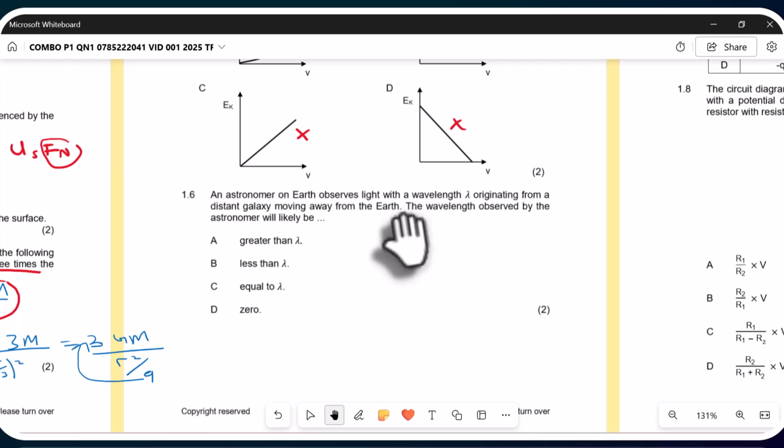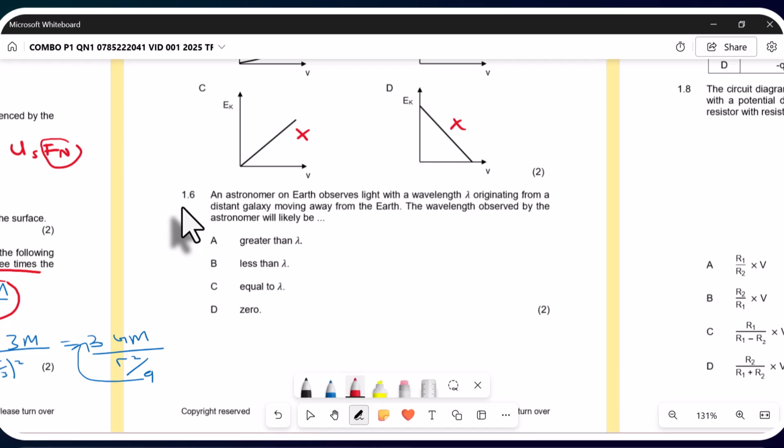And so it's going to be greater than lambda. That's why it's A here. Because the object is moving away, you're going to experience a decrease in the frequency, which means an increase in wavelength because they are inversely proportional to each other. And so from Doppler's effect, it will be greater than lambda. Okay, let's continue here. Hope we are together, guys.